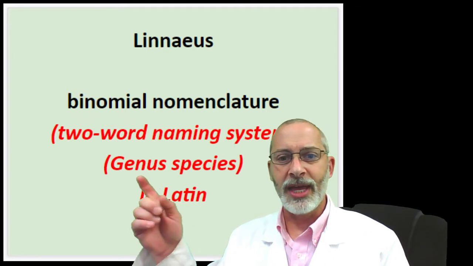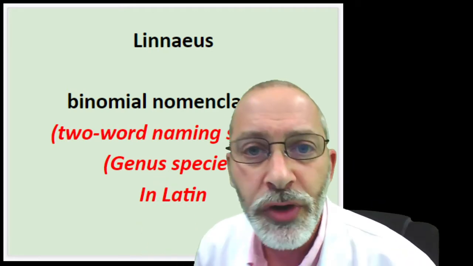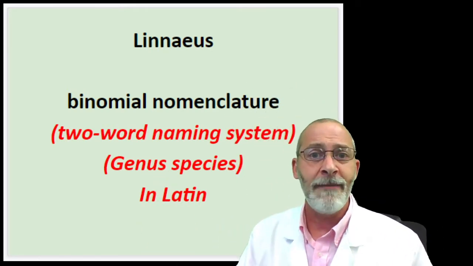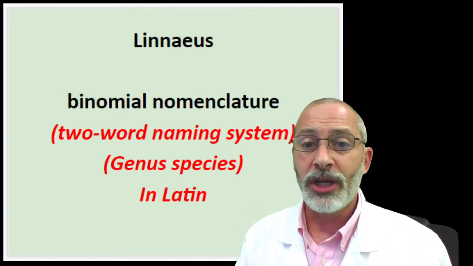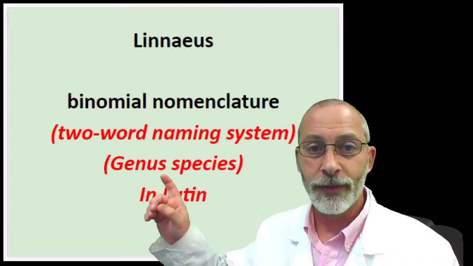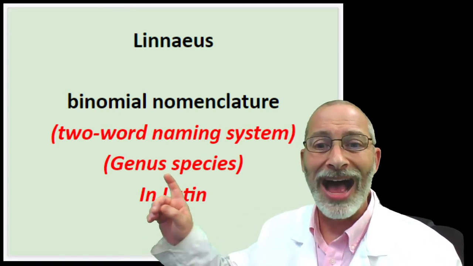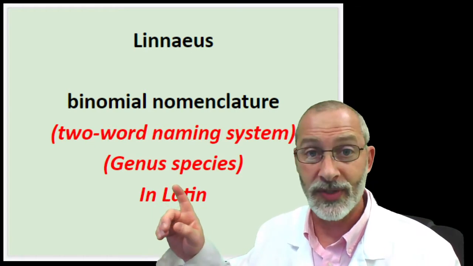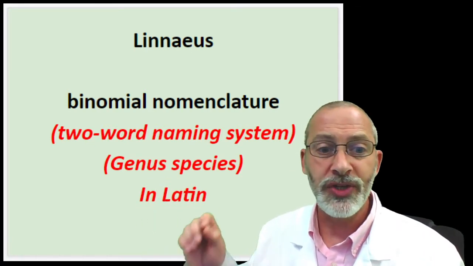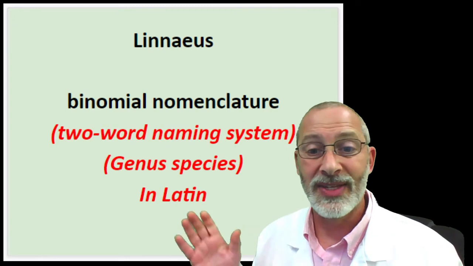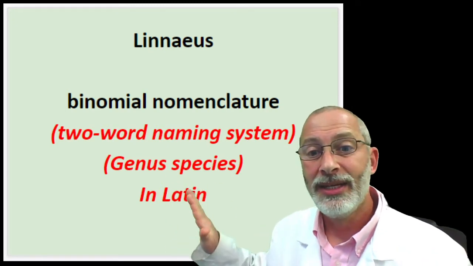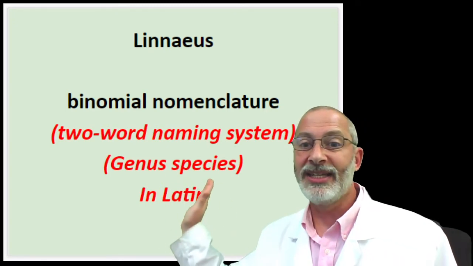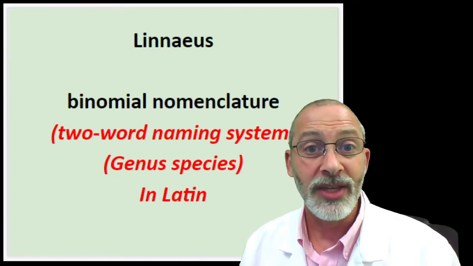Anyway, genus and species. Genus is the first name, species is the second name. But I want you to pay particular attention to how I wrote these words. They are italicized always. Genus and species are always italicized, meaning slanted letters, because it's a foreign language.